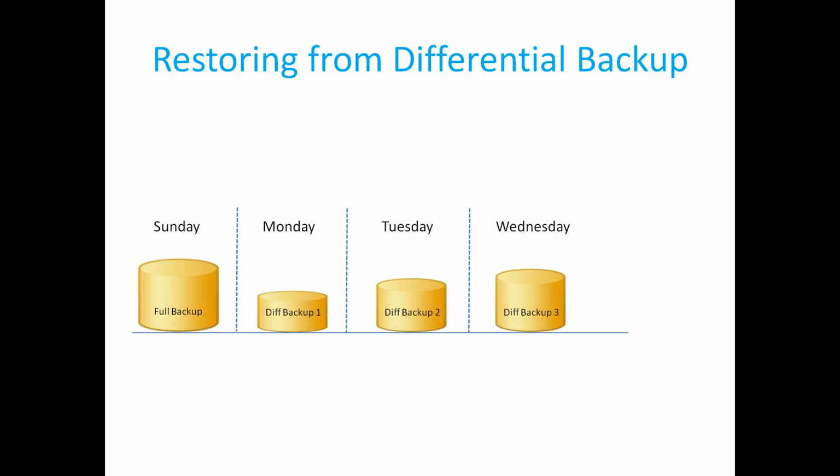And now the scenario is the database got crashed on Thursday morning, and you are requested to restore the database with minimum data loss. So now can you tell me what backups should I use and in what sequence should I use to recover my database?